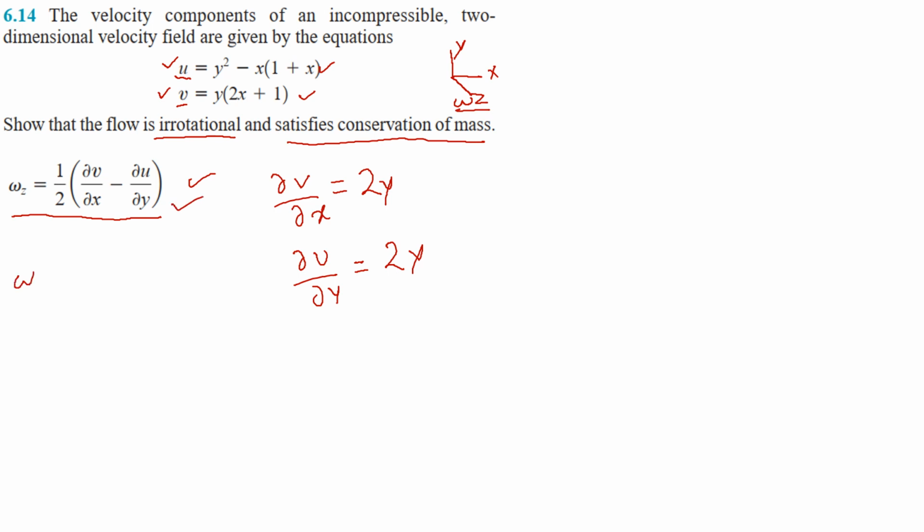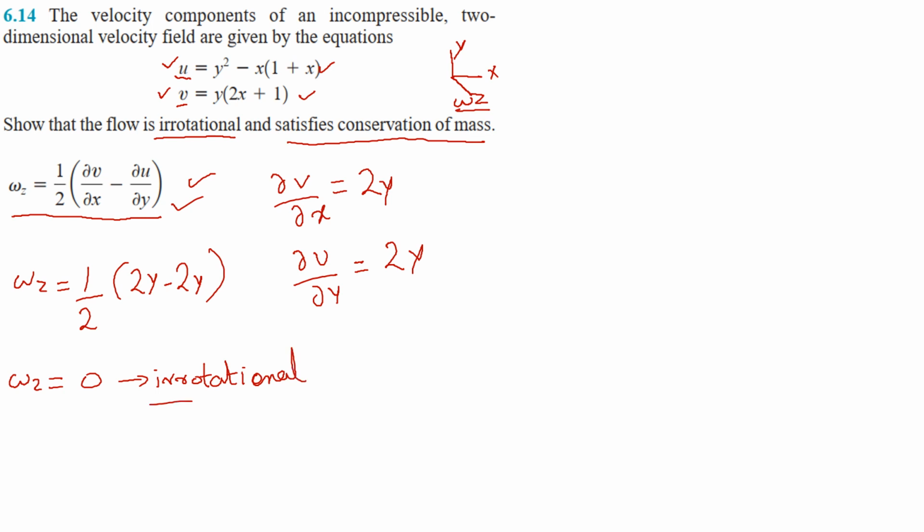Omega z will come out to be half times 2y minus 2y, and that will come out to be 0. So the flow does not rotate. This flow is not rotational, and the flow is irrotational, as was already mentioned in the statement. So yes, this flow is irrotational because the omega z term came out to be 0.